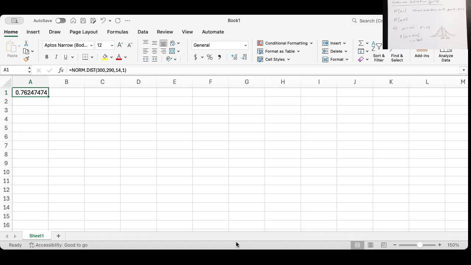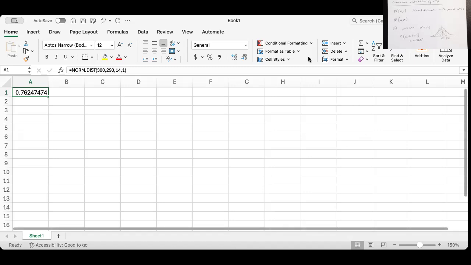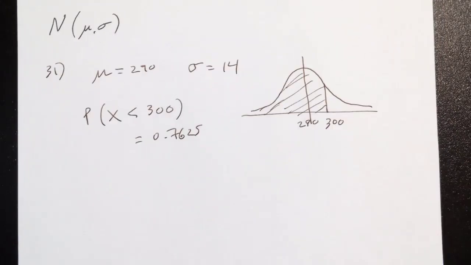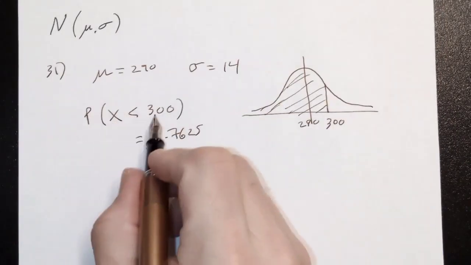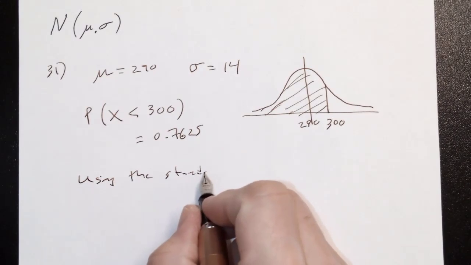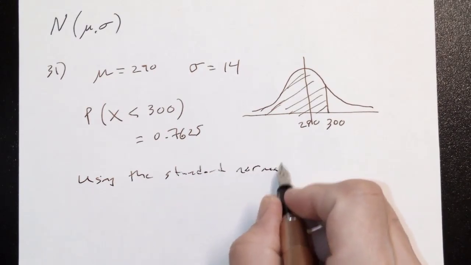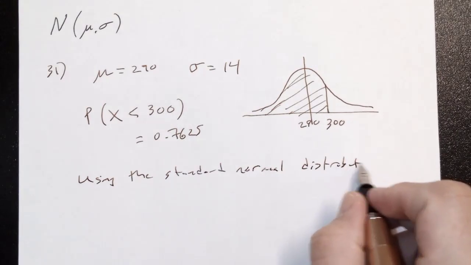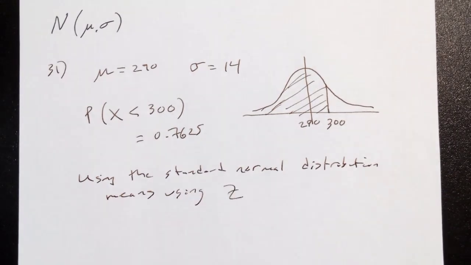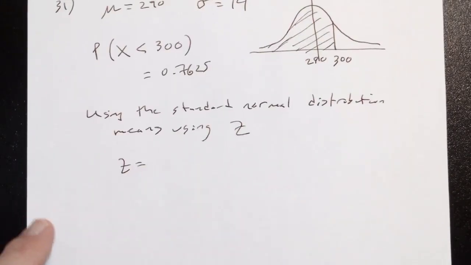Well, 290 and 14 would be 0 and 1, and then find the z-score for 300. Exactly. In order to do this in the standard distribution, I need a z-score. So the same calculations we were doing in the standard become switching to z. Okay, formula for z. How do I get a z from an x?